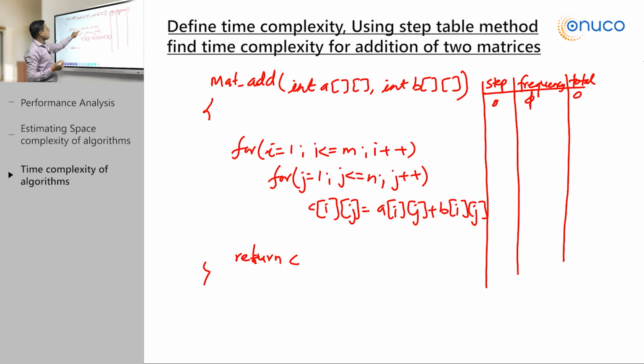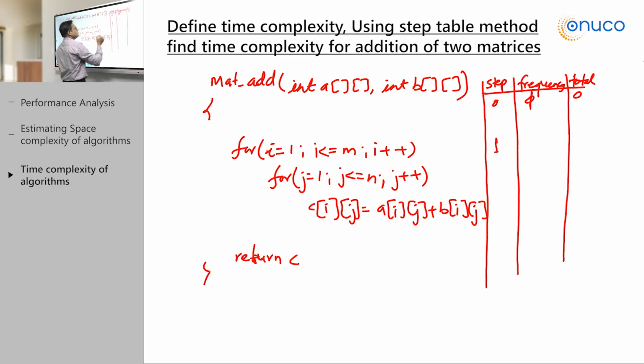This for loop will repeat how many number of times? Look, 1 to m is m number of times. One more time you will go and check for the failure case, right? Because this condition will fail when i will not increase. So we are going to write the basic operations.